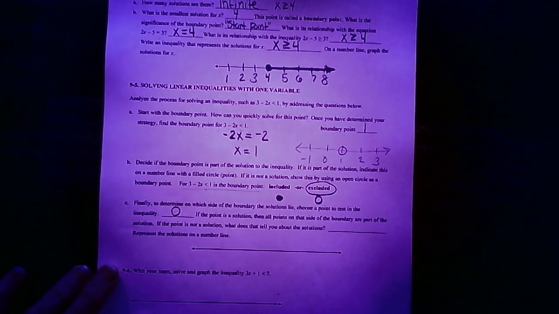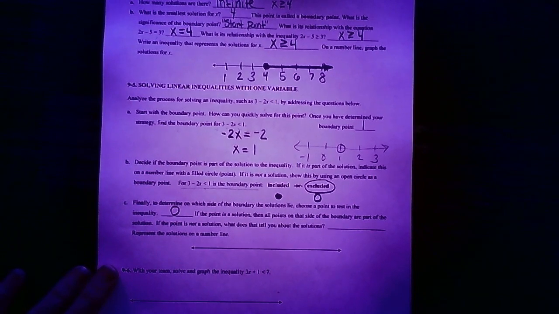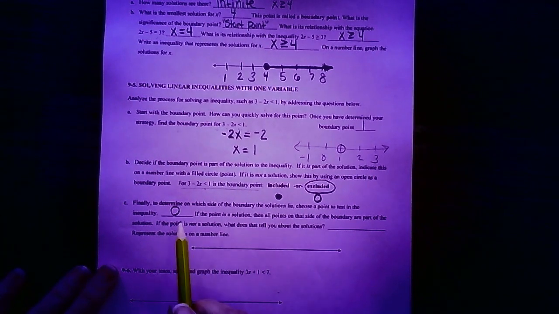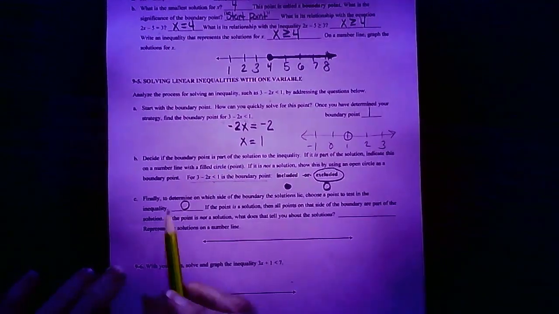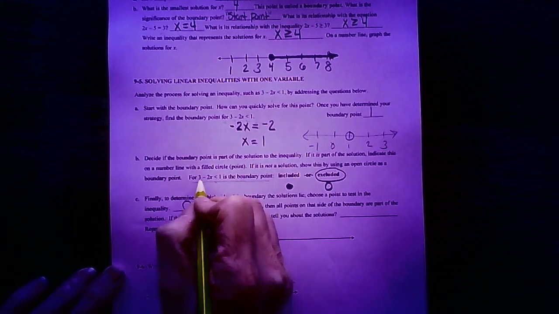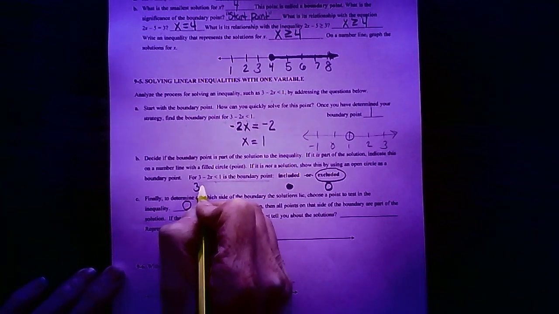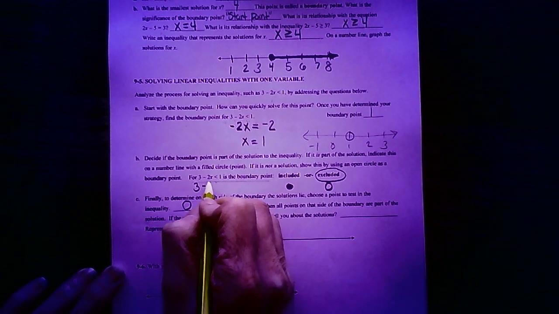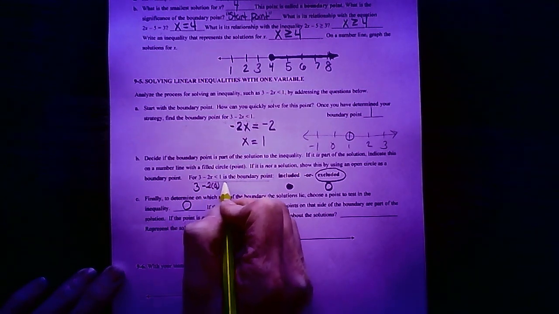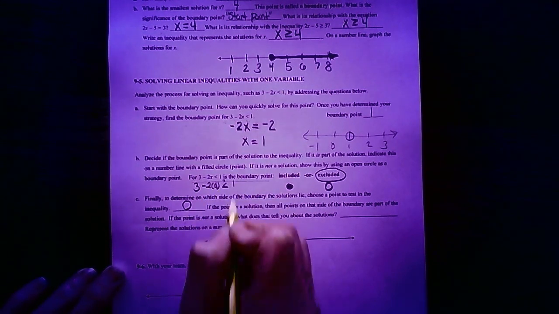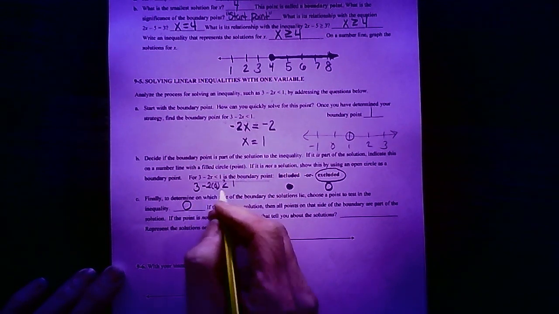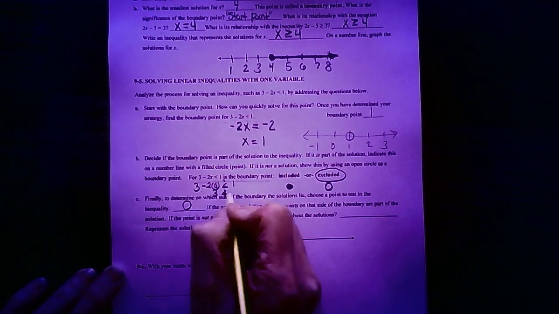0 is often a great number because it's easy to add, subtract, multiply, or divide. So if I'm looking at 0 and I plug 0 in, does it give me a true or a false statement? If I'm looking, right, at 3 minus 2 times 0, will that be less than 1? 3 minus 0 is 3, which is not less than 1.